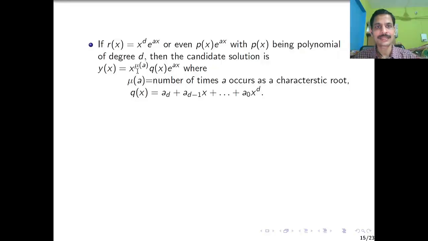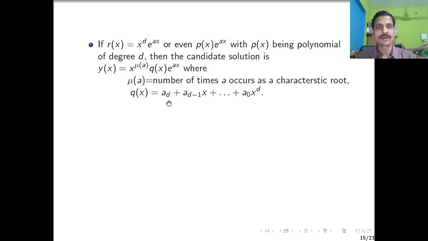So x^(mu a) multiplied by q(x) multiplied by e raised to ax. This e raised to ax is the same e raised to ax which appeared in R(x), and this q(x) should be a polynomial of degree d.